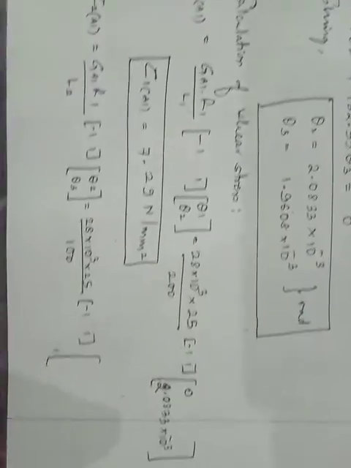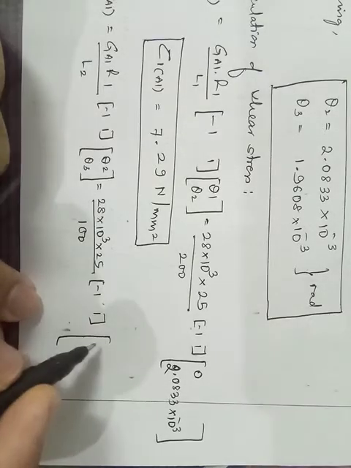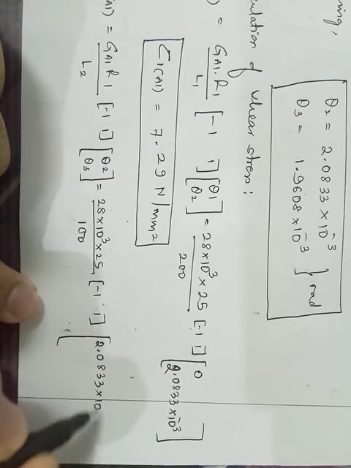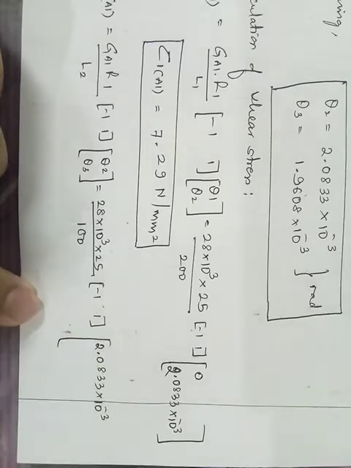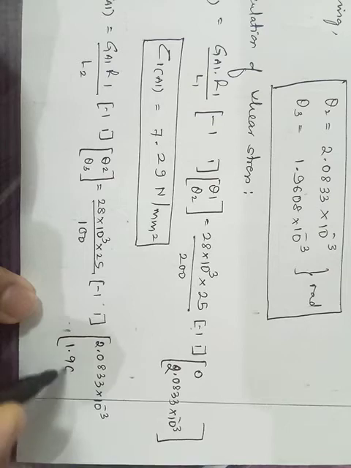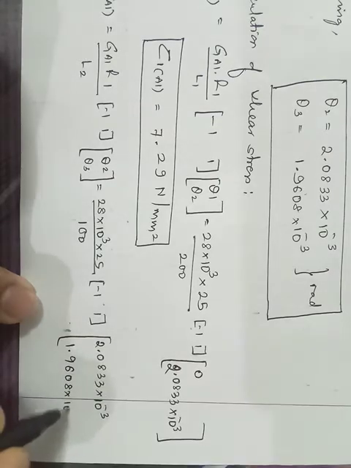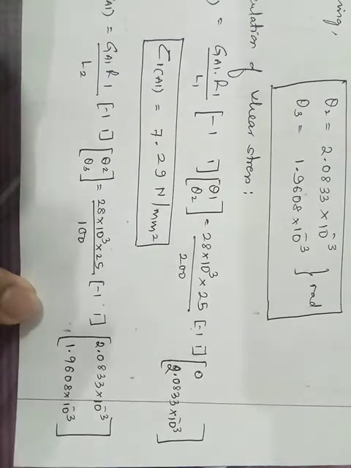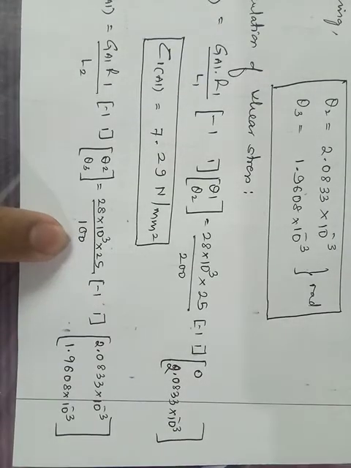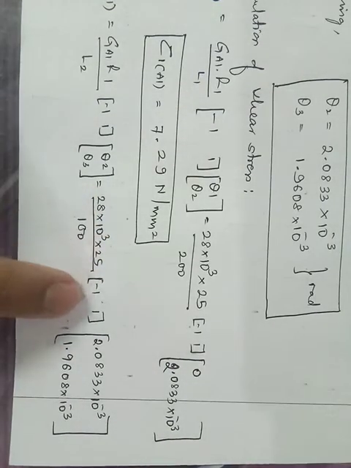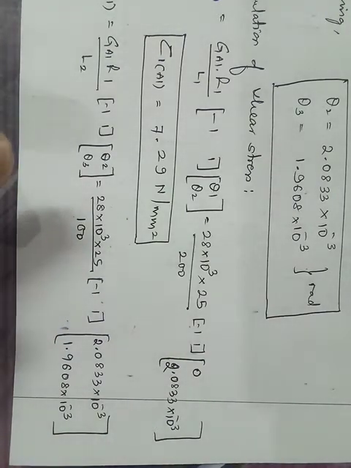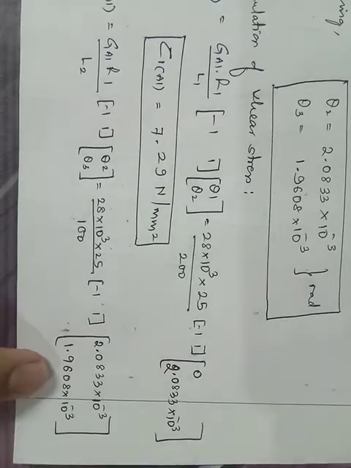Theta 2 and theta 3 values, I've got them: theta 2 is 2.0833 into 10 raised to minus 3, and theta 3 is 1.9608 into 10 raised to minus 3. You are well acquainted with multiplication. You solve this entire thing, multiply with this matrix, and the outcome of this matrix is to be multiplied with this matrix.